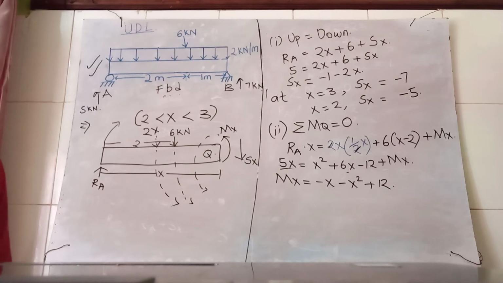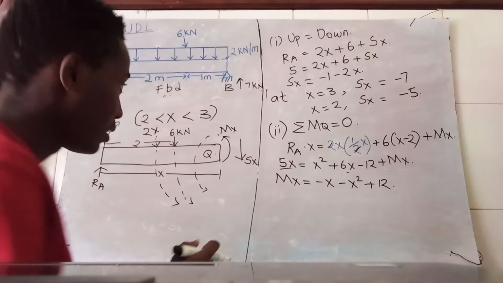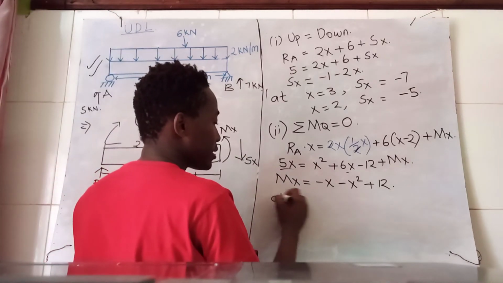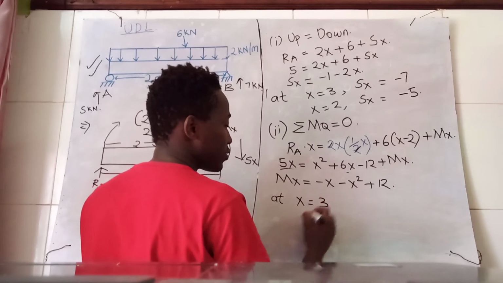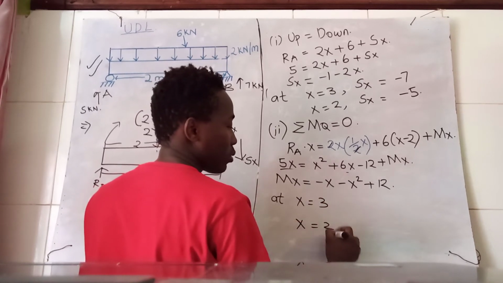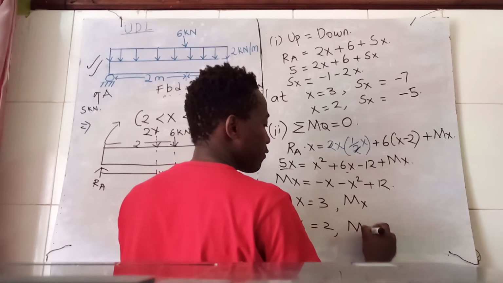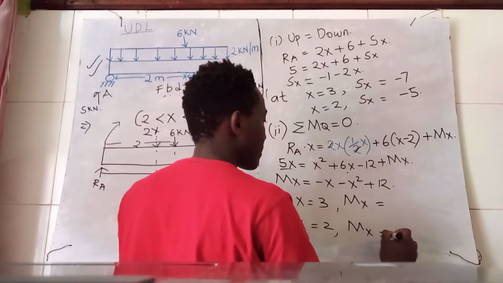So with that, we also evaluate for that part the limits 3 and 2, at x equals 3 and at x equals 2. What is the value of mx?